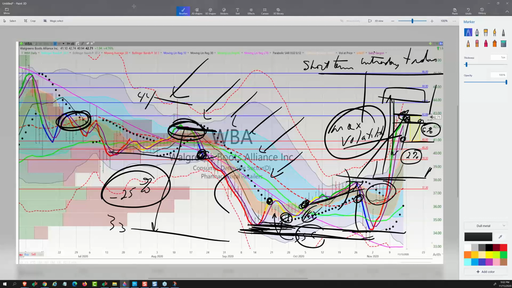Now the next thing in range are these two resistance levels at 40, 45, and 46. So a breakout from here with like a dollar stop would give you a really nice move.